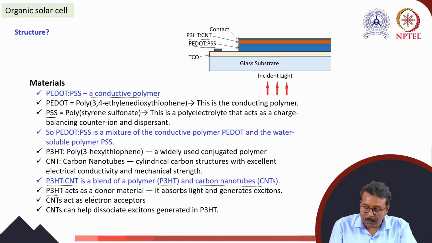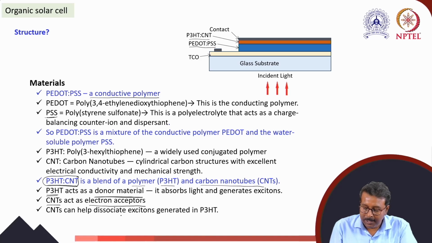Light is incident from the bottom side. P3HT acts as a donor material and CNT acts as an acceptor. I mentioned earlier that there is a mixture or blending of donor and acceptor. So P3HT-CNT is the donor-acceptor blended material, where CNT acts as the electron acceptor and P3HT as the donor.